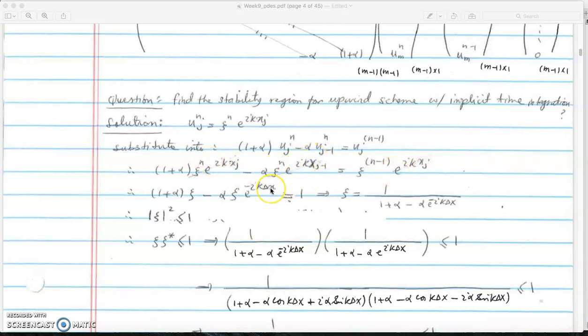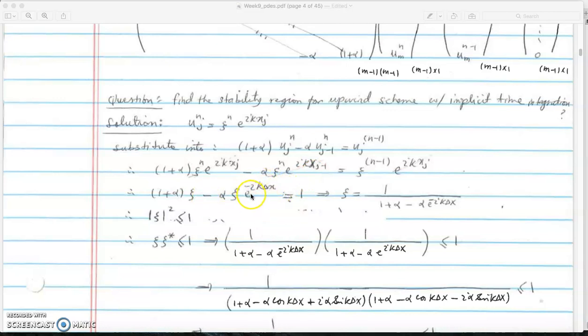This term gets a factor of minus i k del x because it doesn't have i k x_j. So if I multiply it by negative i k x_j, then this exponential becomes i k x_{j-1} minus i k x_j, and then x_{j-1} minus x_j becomes del x.